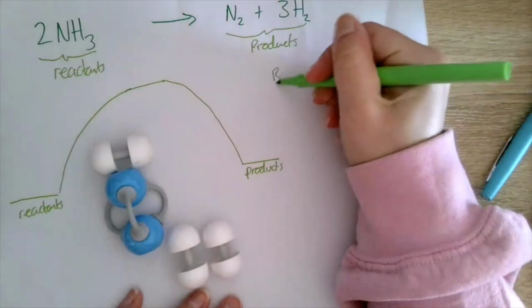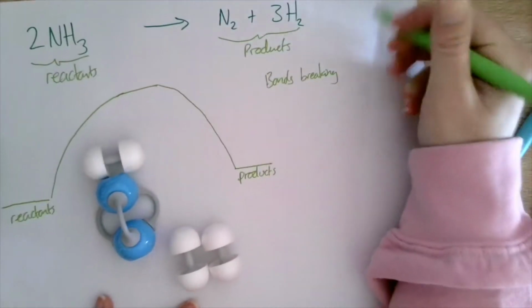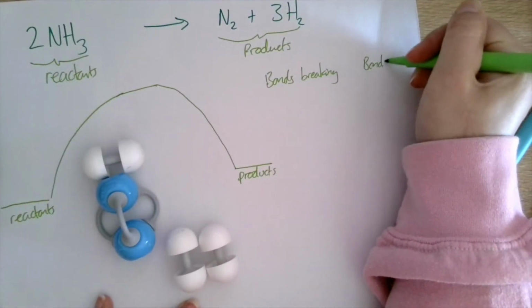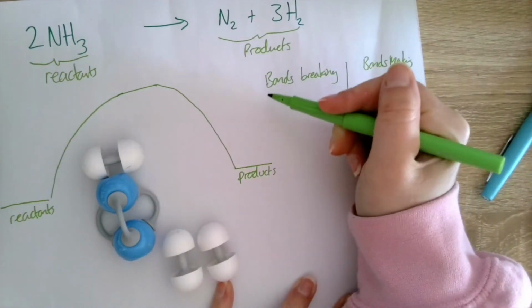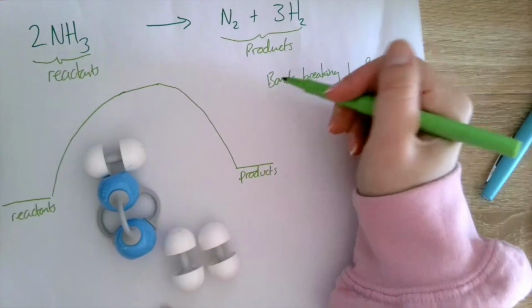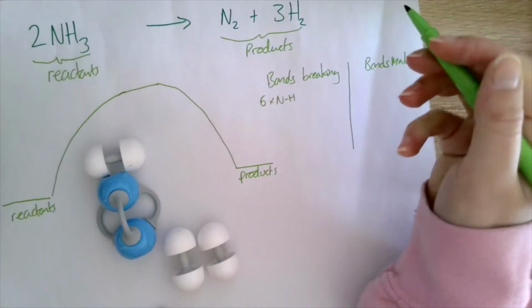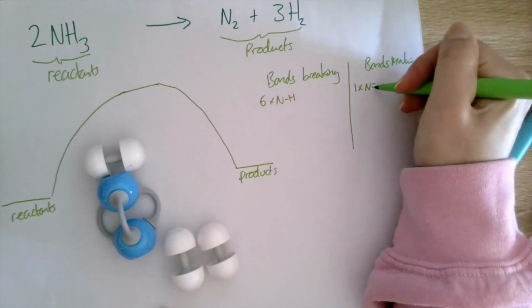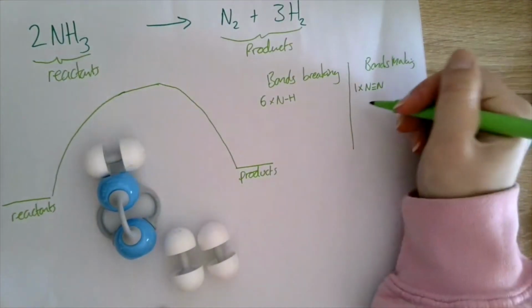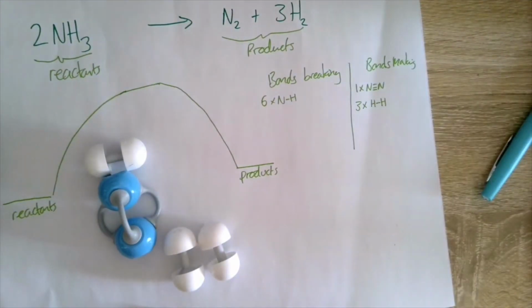So we're still going to show our workings using our bonds breaking and bonds making. So this time our bonds breaking, we had those 6 NH bonds that were broken, whereas our bonds made, we made 1 triple bond and we made 3 hydrogen-hydrogen bonds.